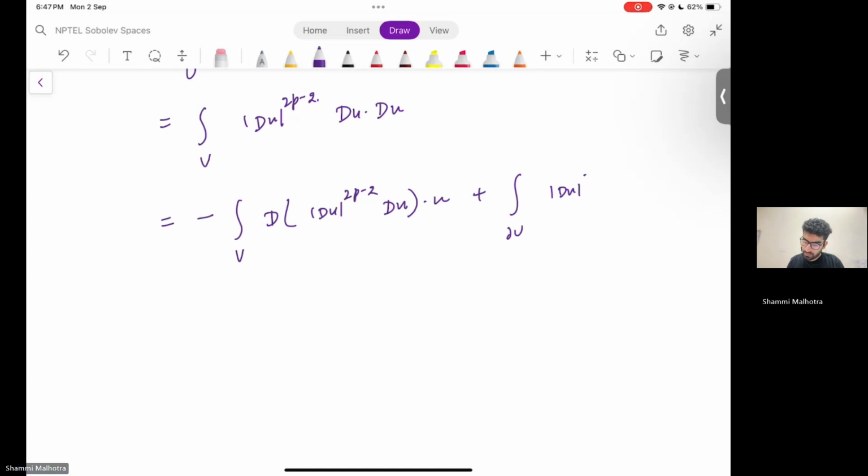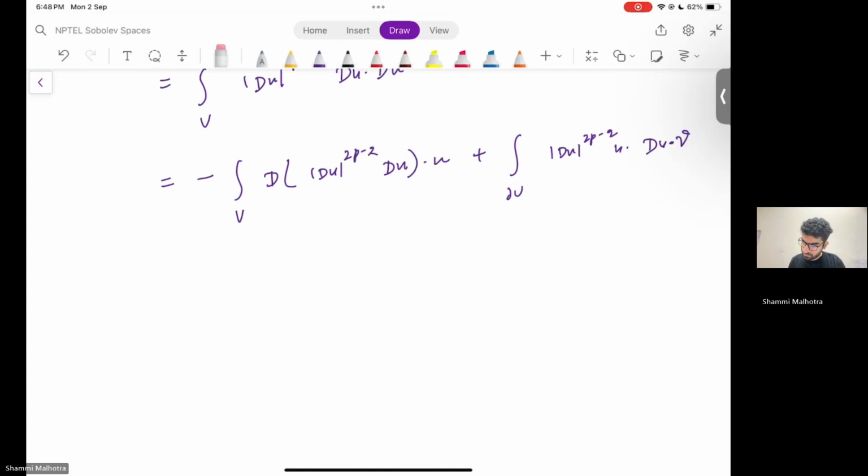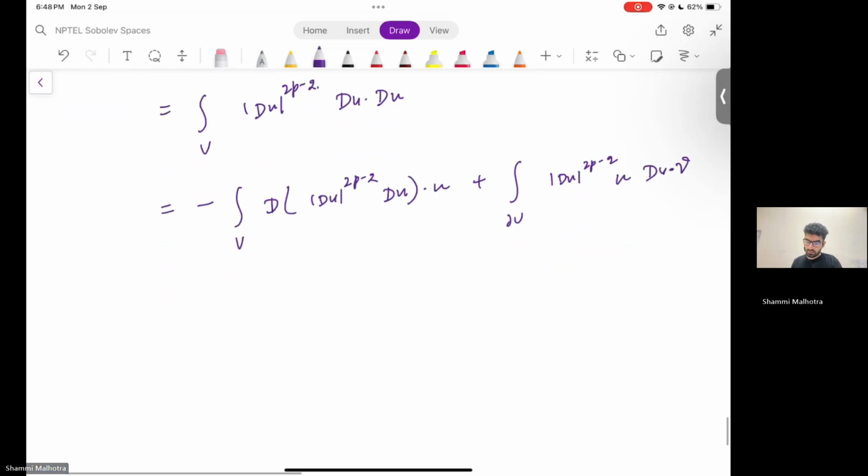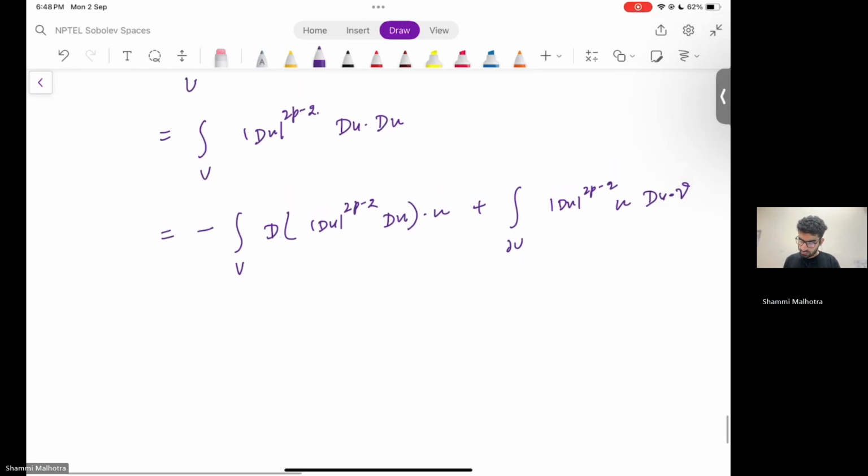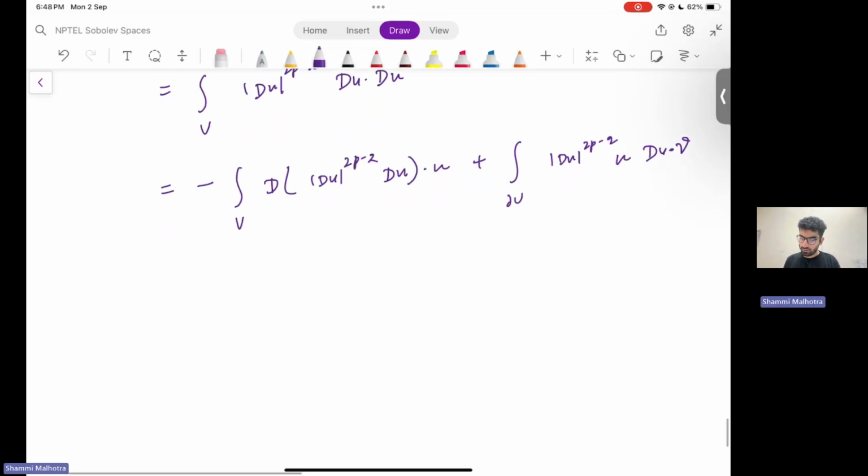Mod Du to the 2p minus 2 times Du times u, and in fact we have this u times Du dot the unit vector. This thing again vanishes because u is 0 on the boundary.